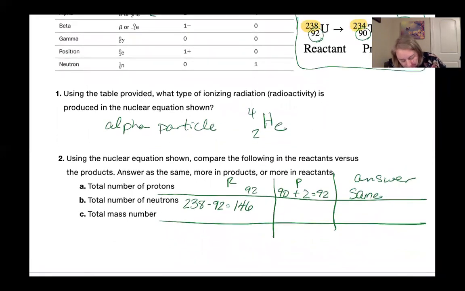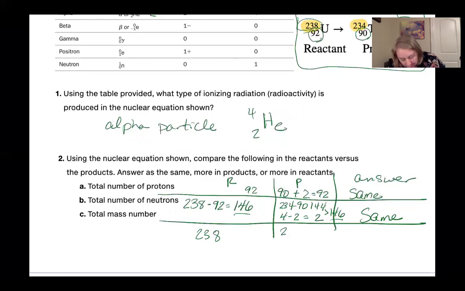So we have 234 minus 90, and we have 4 minus 2. So we have 2 here, and then we have 144. So we add those together, and we get 146. So look, 146, 146, these are the same. And then our total mass number, let's see, 238, that's the highlighted yellow, 238.